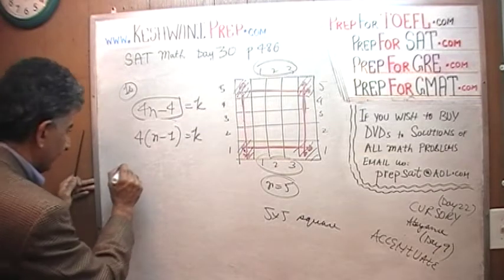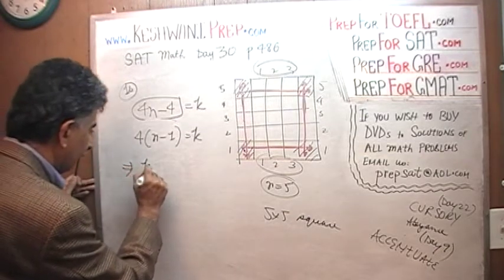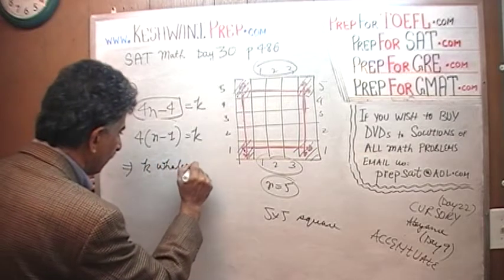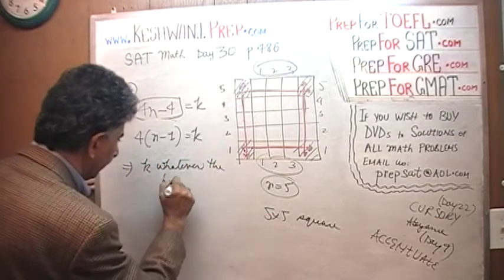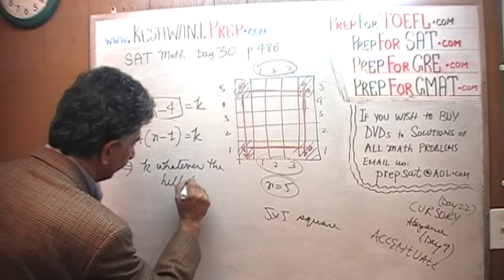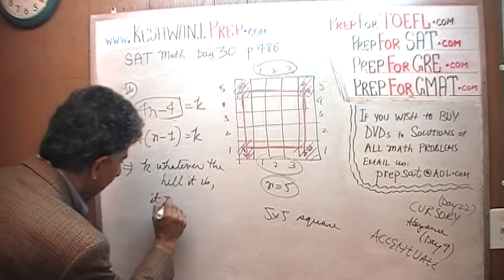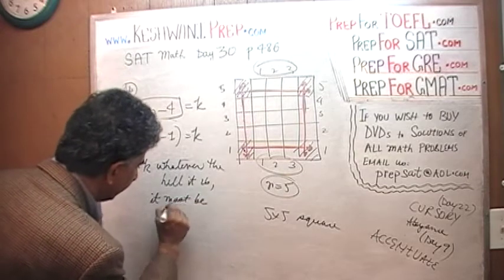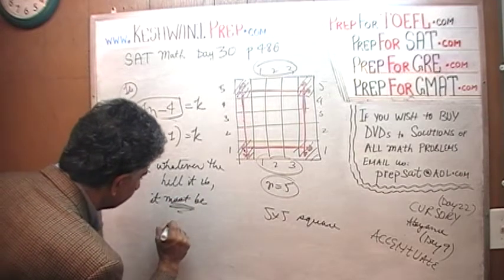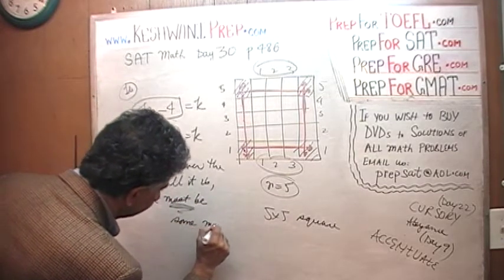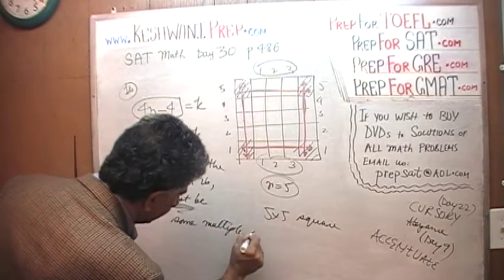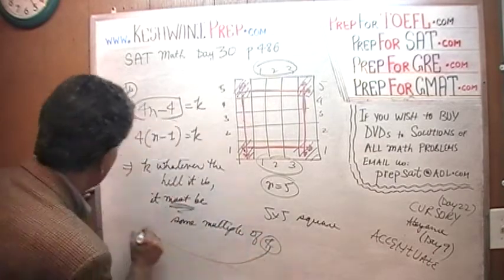So what this implies is that K, whatever it is, must be some multiple of 4.